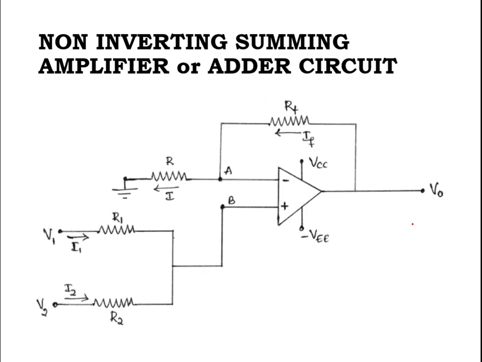In an inverting summing amplifier we get the output voltage with a minus sign, whereas in a non-inverting summing amplifier we get the output voltage positive, because the input voltages are applied to the inverting and non-inverting terminal respectively. So this is regarding the inverting summing amplifier and non-inverting summing amplifier.